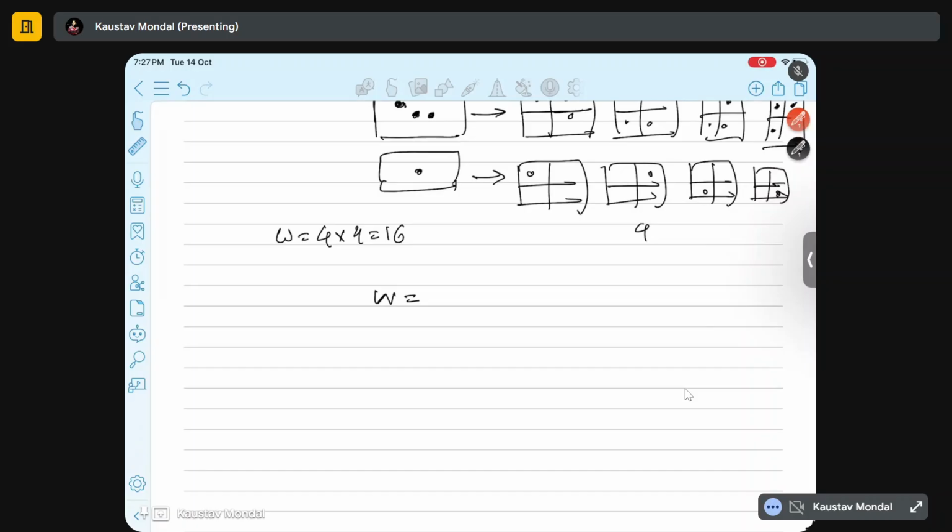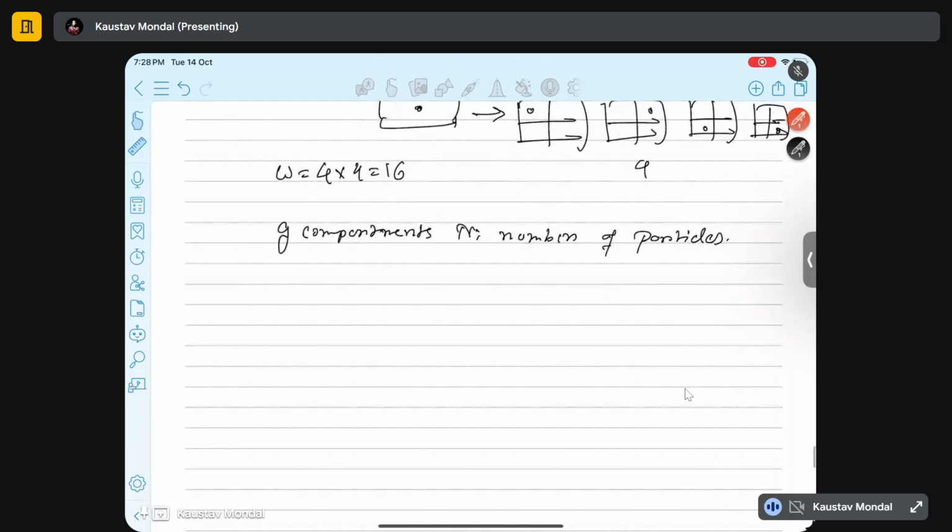So for that kind of a case, g compartments at ni number of particles. So for that case, the weightage Wi would be simply g factorial divided by n factorial into g minus ni factorial. This is the case for the Maxwell-Boltzmann distribution.